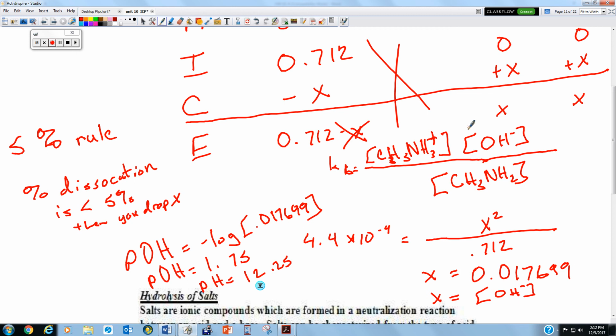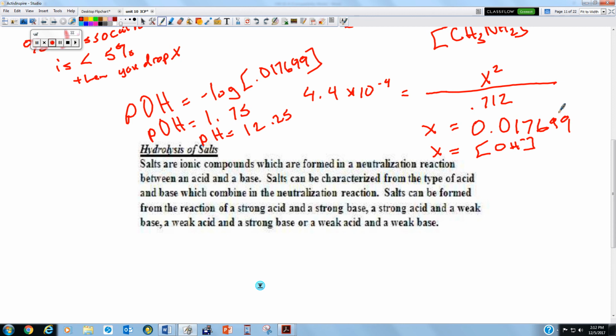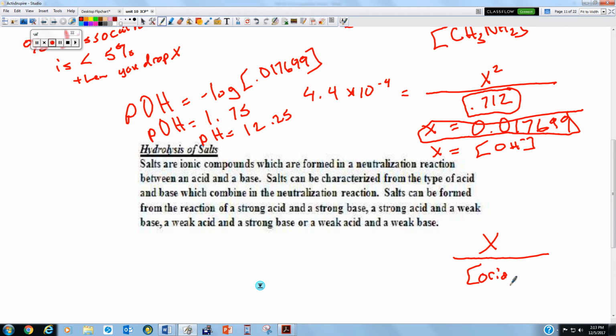Now, how do I verify that it was okay to drop my X? I'm just going to come down here at the bottom. The only numbers that you need are this number and your original number. Basically, we are going to do a percent error calculation. So I'm going to go my X over my original, times 100.